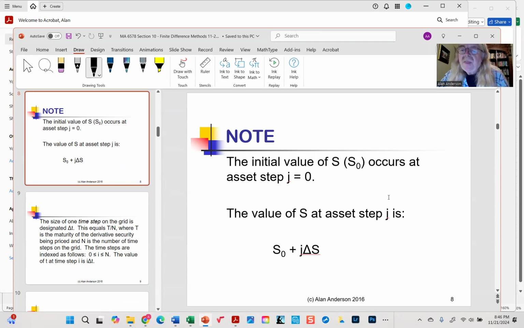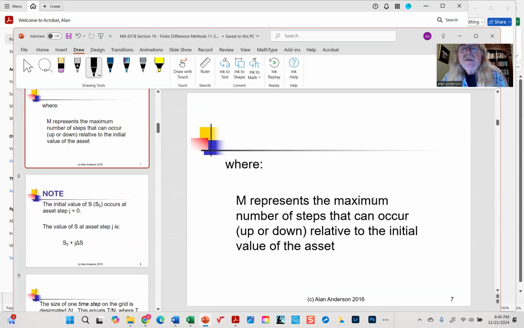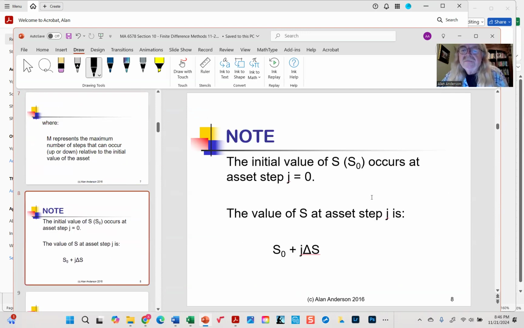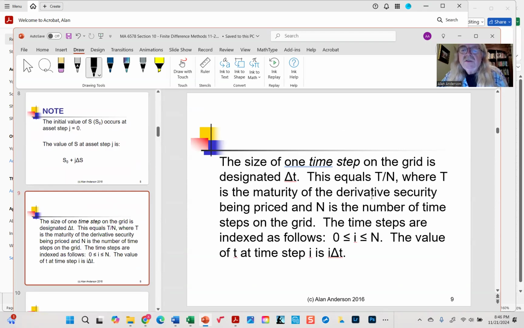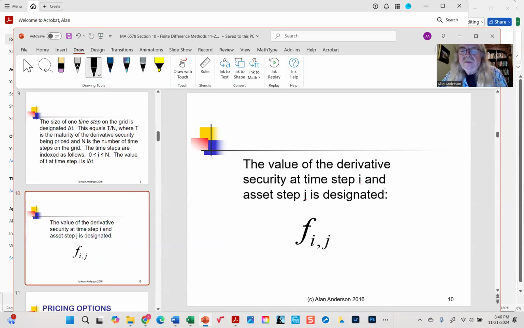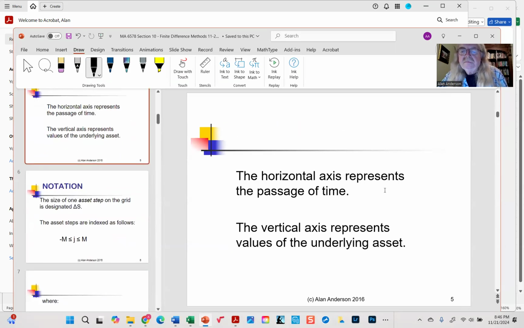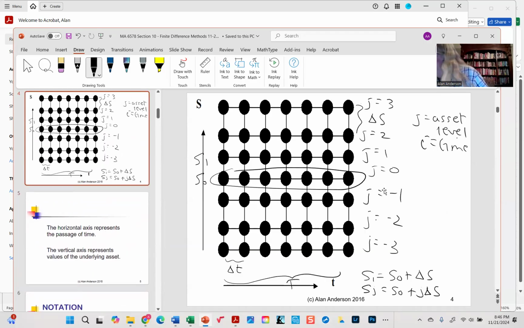So N will go from 0 up to the maximum number of time steps. So the J is the only one that can be negative. So the time at any given point is I delta T. Okay, so capital N is the number of time steps until we reach the maturity date here. And that in turn implies that delta T is equal to capital T over N.